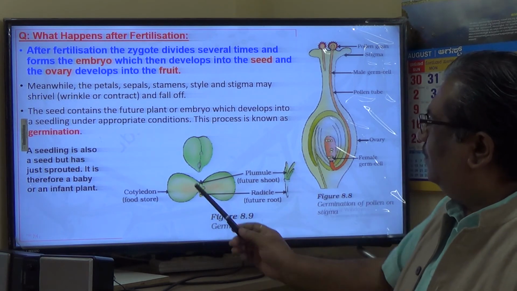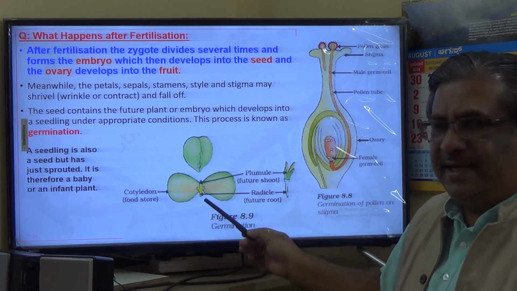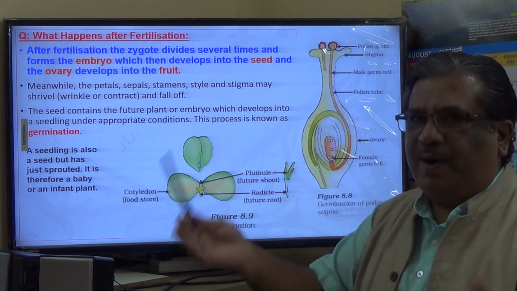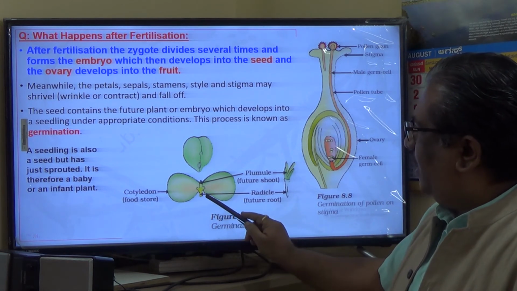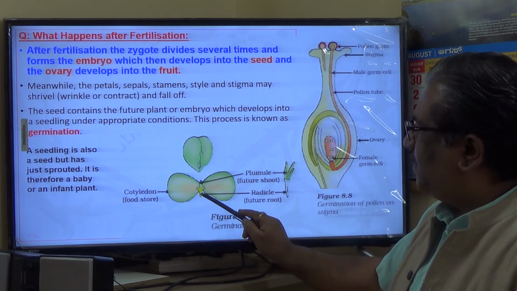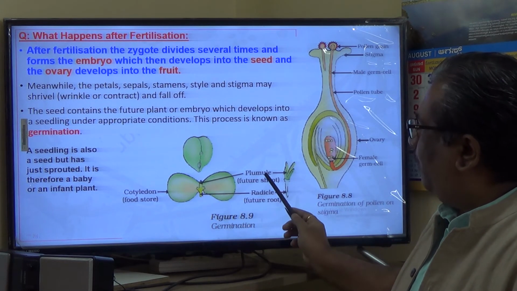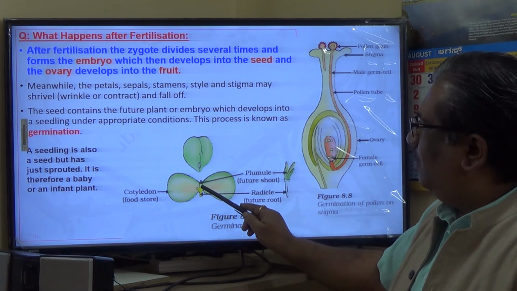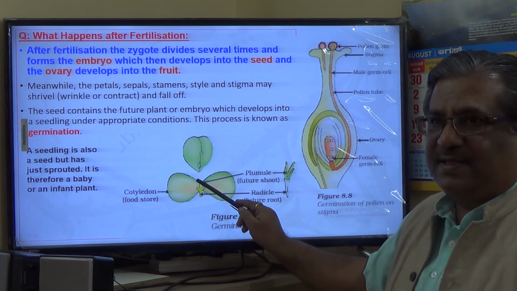Okay, now once there is a germinated seed, a sprouted seed, if it is opened and seen, you can see these are cotyledons, and this is a radicle. This radicle develops into root, and this is a plumule. This plumule develops into shoot or the stem.